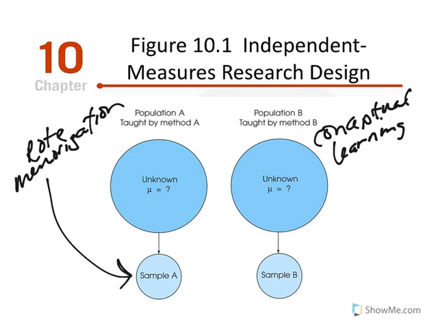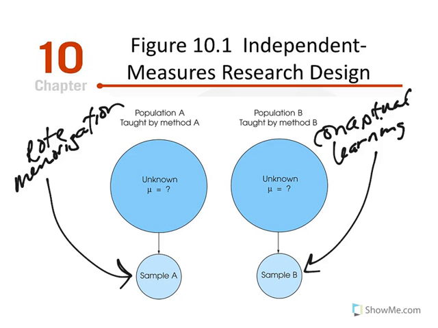And then we have another different group of students, and they're taught the multiplication tables by conceptual learning, and recognizing that we're using those samples as a way of inferring what the populations would look like if we were able to teach math in either fashion to the entire population.